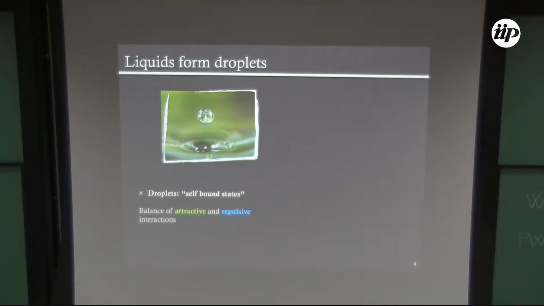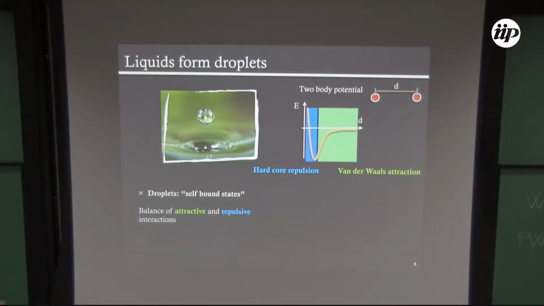And droplets are in general self-bound states that appear due to the balance of attractive interactions that basically hold the system together, and repulsive ones that avoid the collapse of the system. So usually in normal liquids, these interactions come from a two-body potential, and as we know at large distances they attract by van der Waals attraction, but at short distances we have this hardcore repulsion.